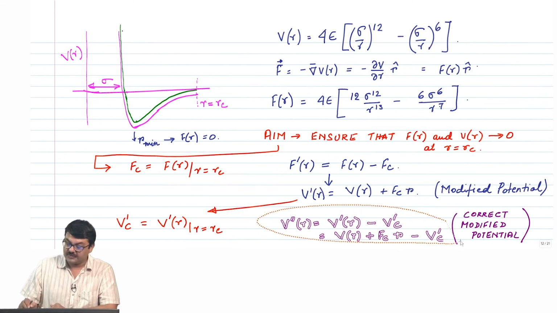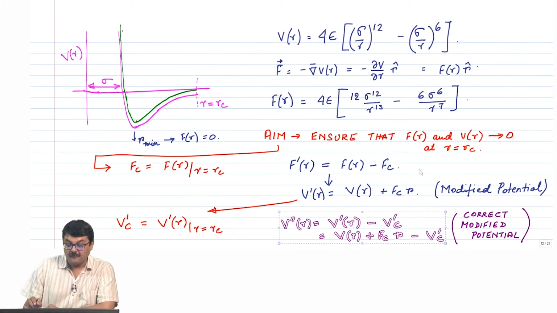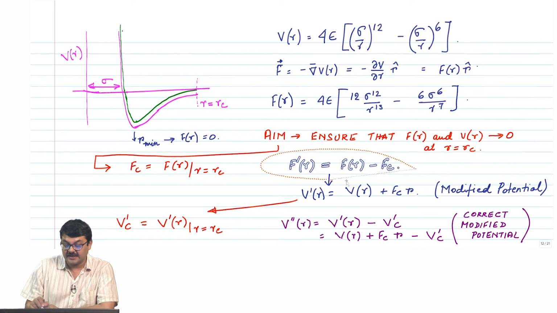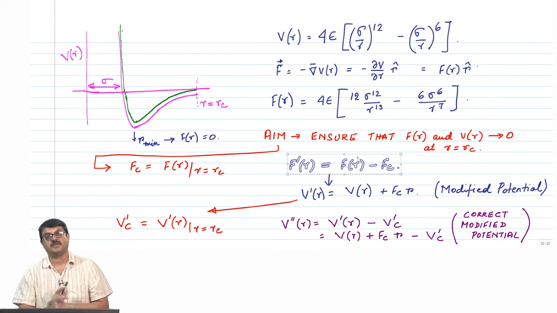Moreover, if you use this expression for the potential, the corresponding expression for the force is this, and this in turn also goes smoothly to 0 at r equal to r c and remains 0 for r greater than r c, and that is exactly what we wanted.